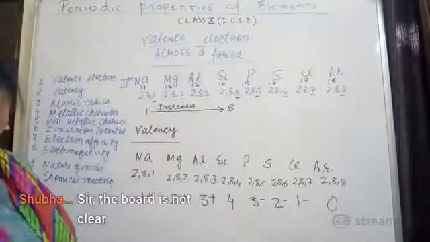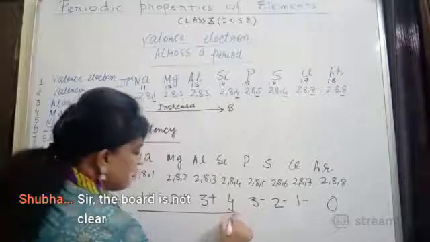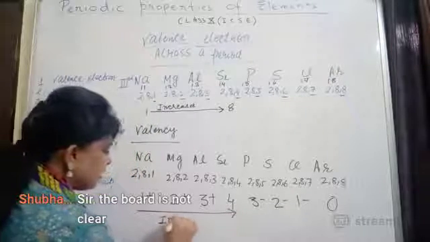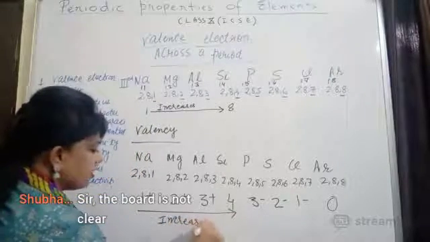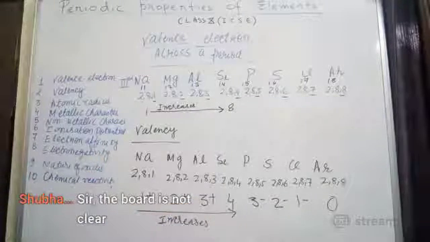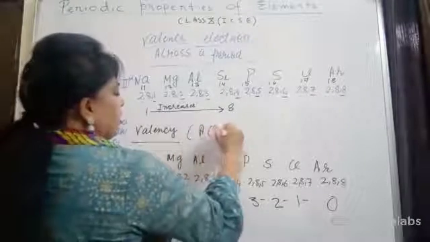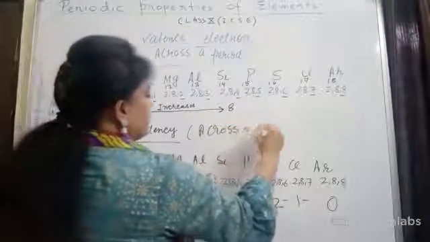Noble gases have 0 valency. So you will see the trend: valency first increases from 1 to 4. What is the trend of valency across a period?